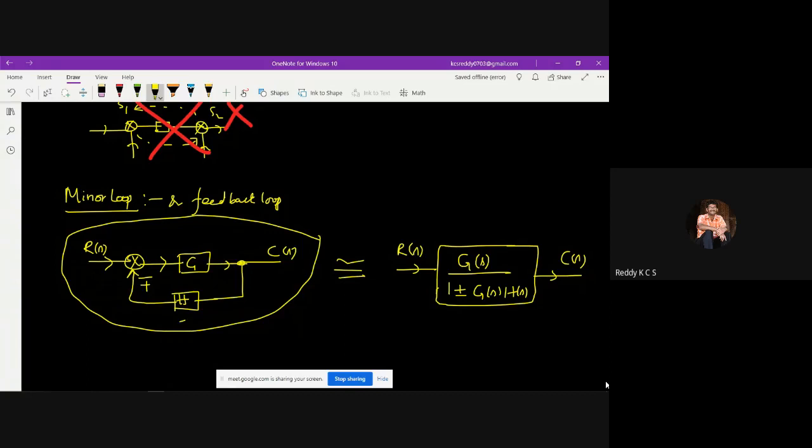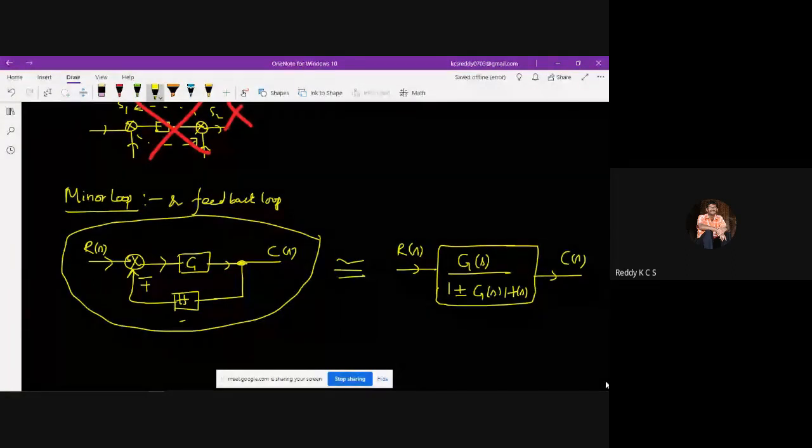R of S signal is present here only, and C of S signal is present here, but the summing point is not there, G is not there, H is not there, takeoff point is not there, this complete feedback is not there. This whole thing has converted into a single block, G of S by 1 plus or minus G of S into H of S. This is how we can convert this minor loop or feedback loop into a single block.